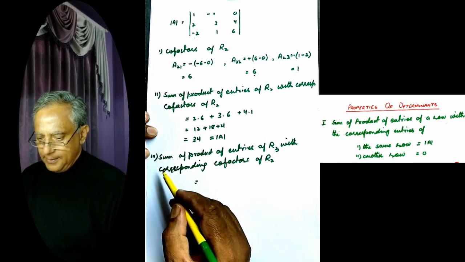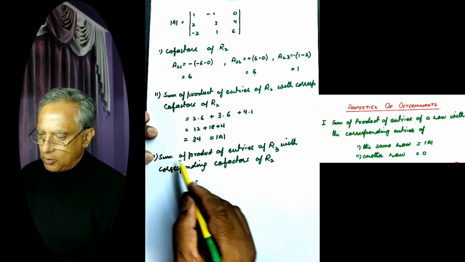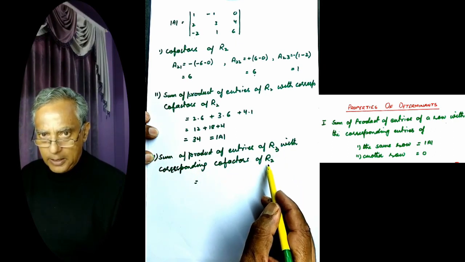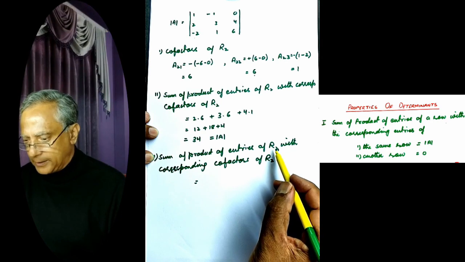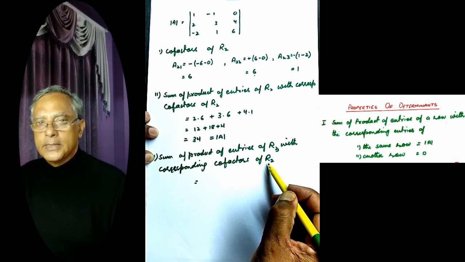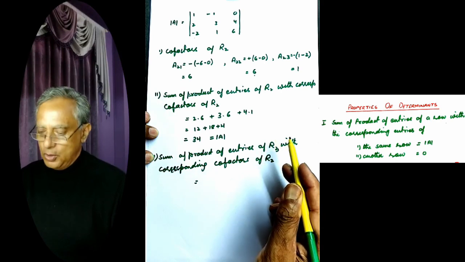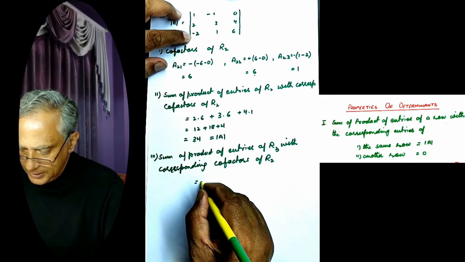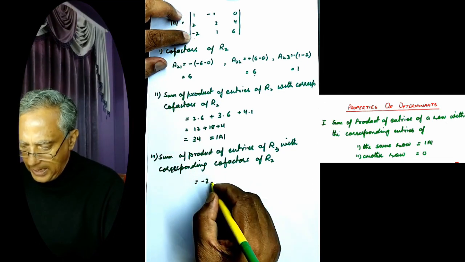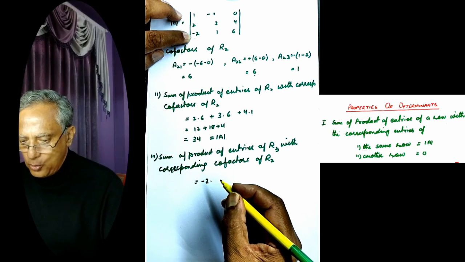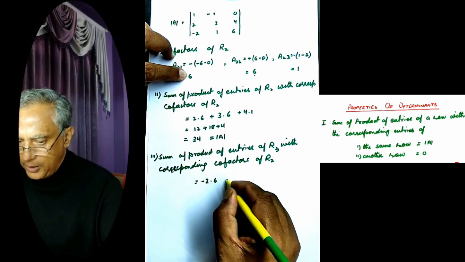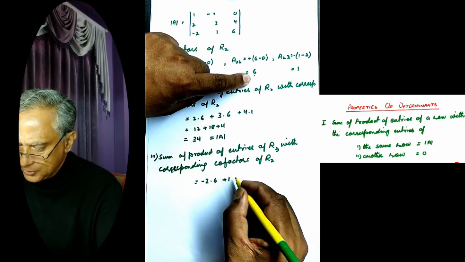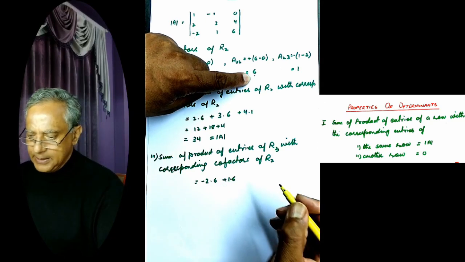The next is, we now find the sum of products of entries of R3 with the corresponding cofactors of R2. Now we are taking entries of R3 and cofactors of R2, so the result must come out to be 0. The first entry of R3 is -2 and the first cofactor of R2 is 6. The next entry of R3 is 1 and the second cofactor is 6.